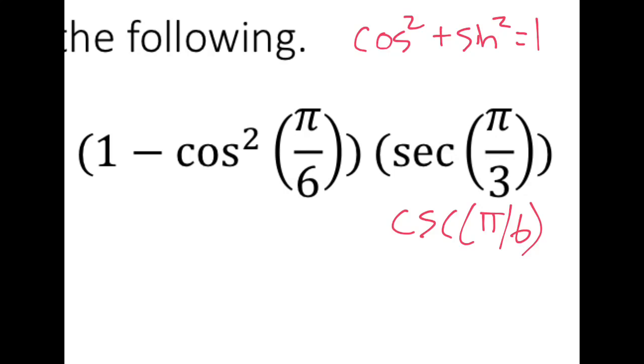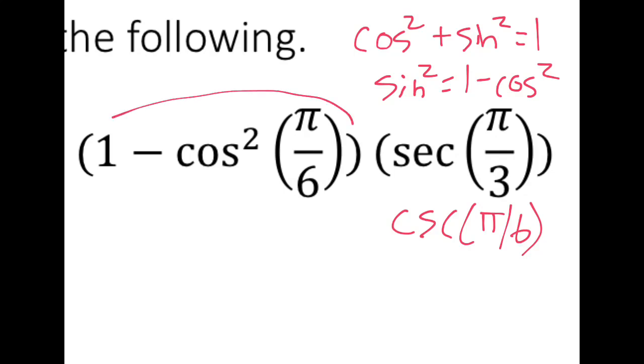And then we can subtract cosine squared from both sides to get sine squared equals 1 minus cosine squared. Notice we have 1 minus cosine squared right here, so we can replace that with sine squared of that angle, which is pi over 6. So we have sine squared of pi over 6 times cosecant of pi over 6, and they're multiplied together.